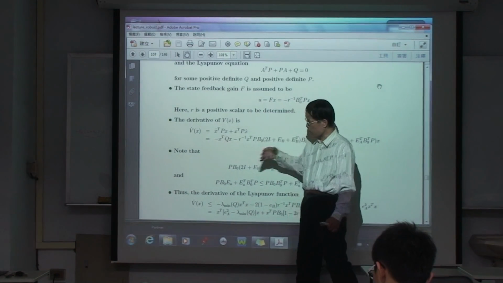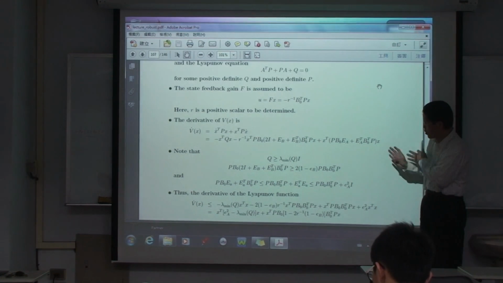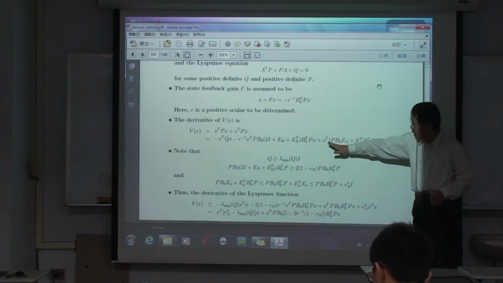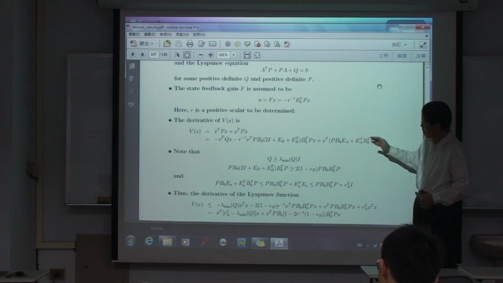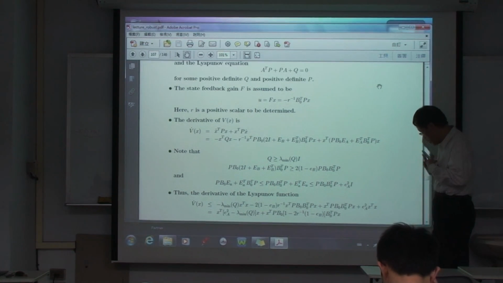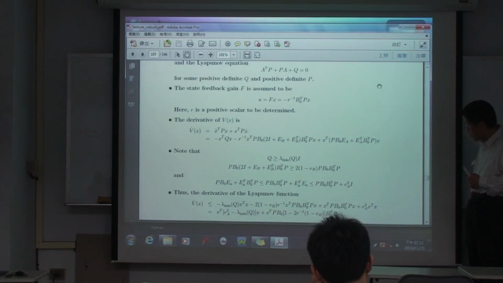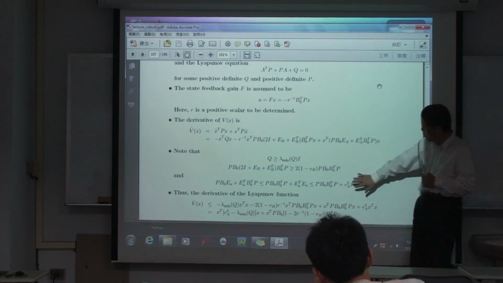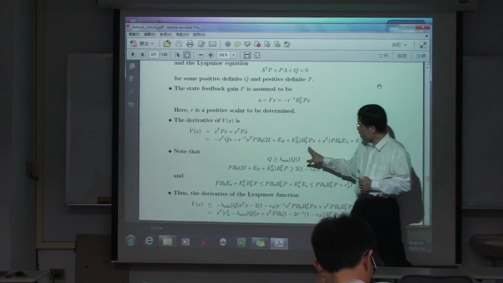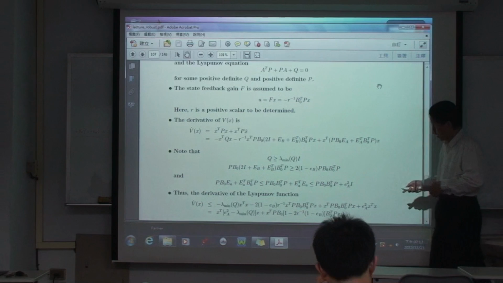If you want to look for a sufficient condition, you have to know which direction you are looking for. That means here I have to look for the upper bound because I want it to be less than 0. I want to establish a sufficient condition for stability, or for robust stability. So I look for an upper bound of this term, a lower bound of this term, and a lower bound of that term. So let's end up with this.